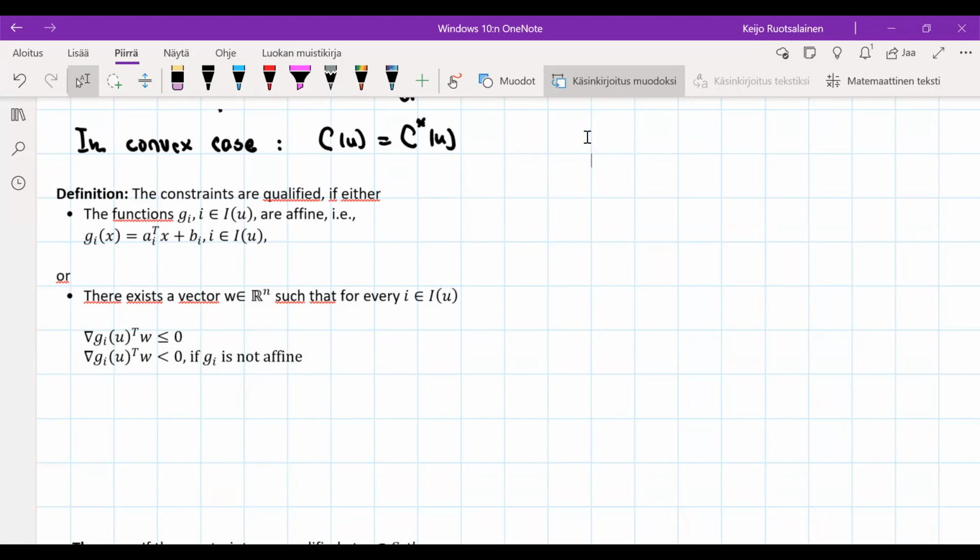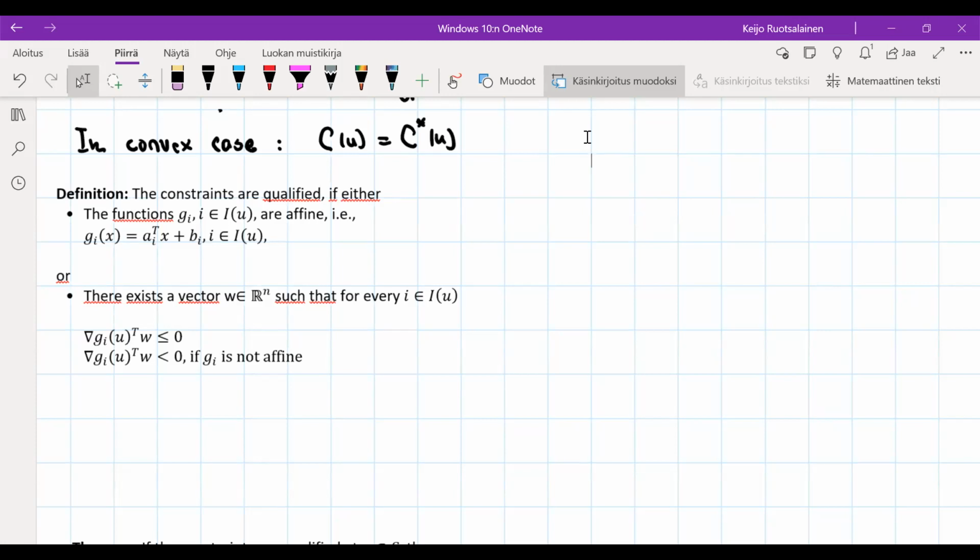Or if the function is not affine, there exists a vector w such that for every active constraint, this w has a scalar product with the gradient of gi which is non-positive.